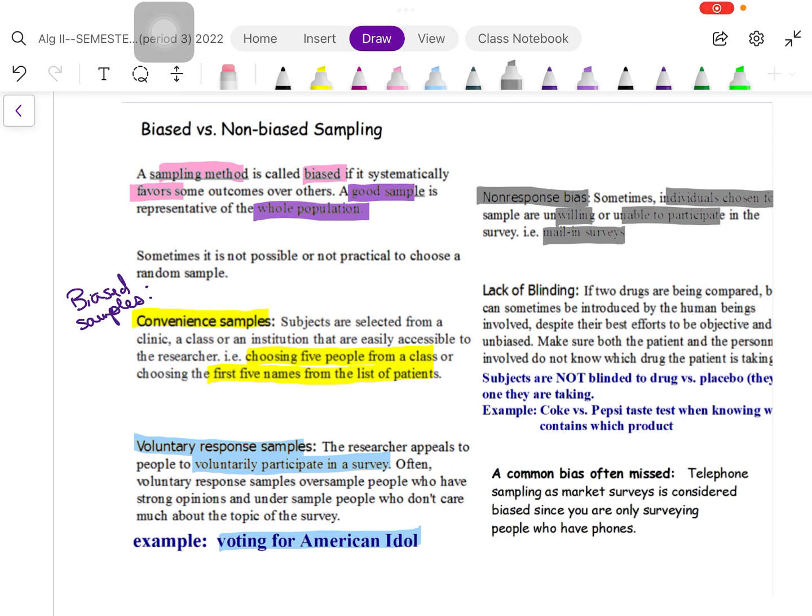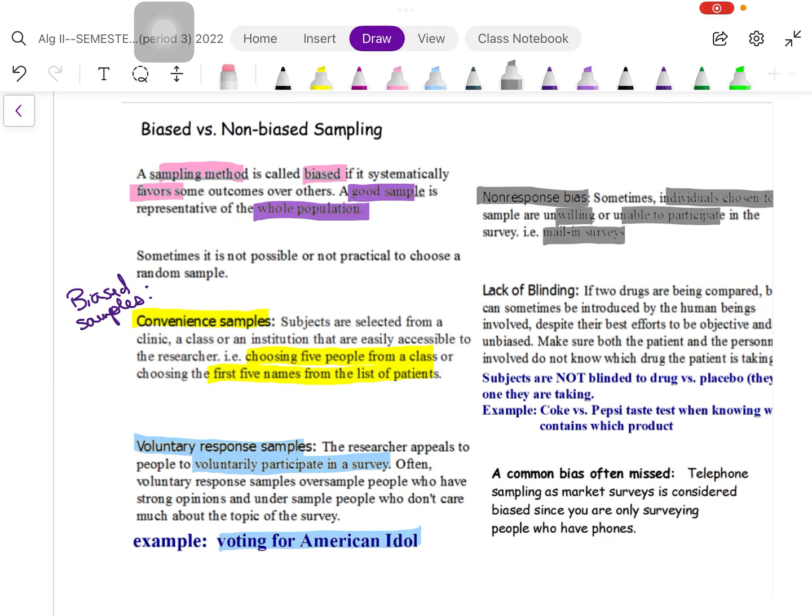You can elect to not answer the survey. And we can change that to not only mail-in, but email surveys, where we can choose to not answer a survey because it's just been emailed to us. That would be non-response bias.